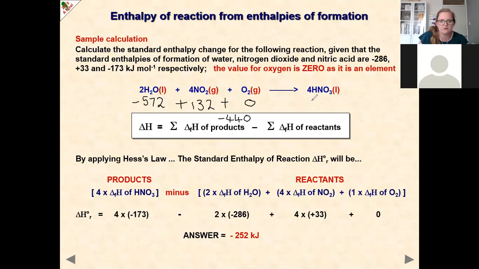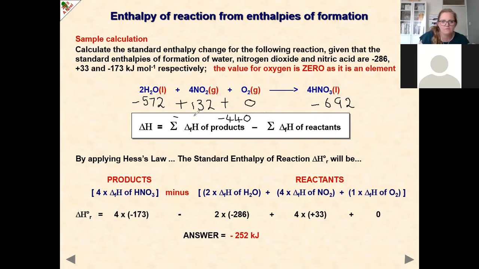Let's have a look at our product. Well, our product is nitric acid, minus 173 kilojoules per mole. We've got 4 lots of that, so minus 173 multiplied by 4, which will give us minus 692. So it's enthalpy of products minus that of our reactants.